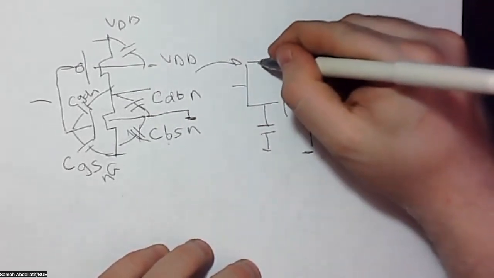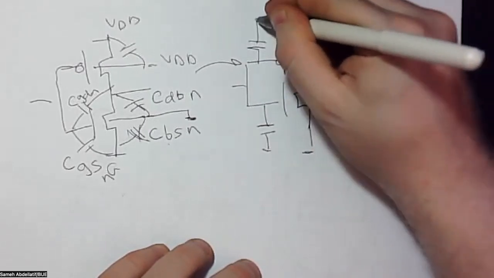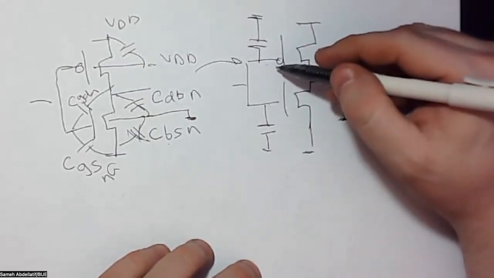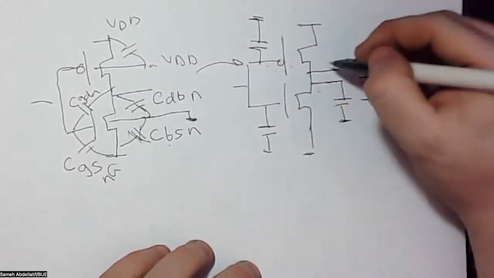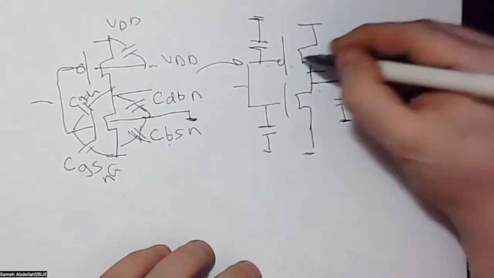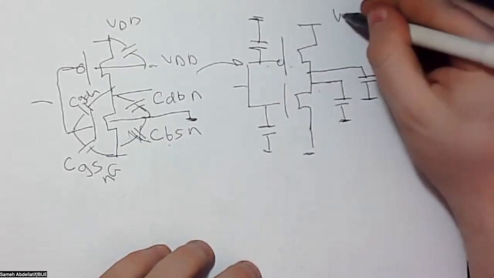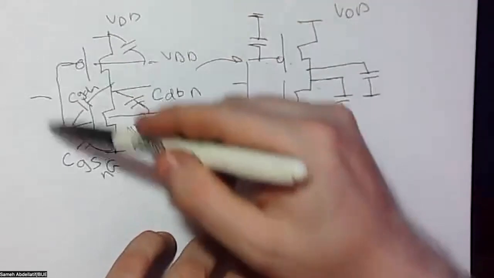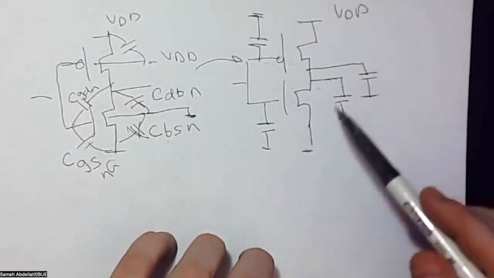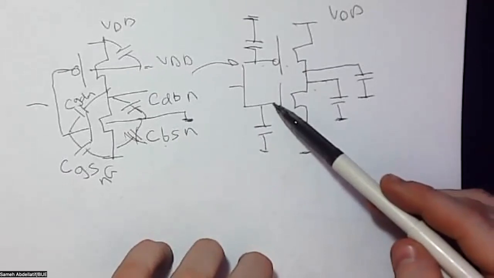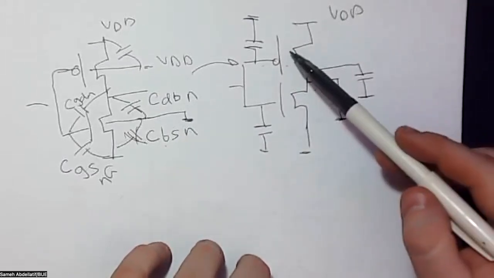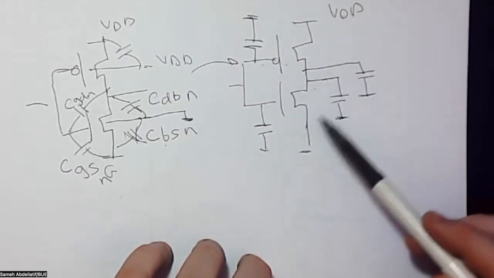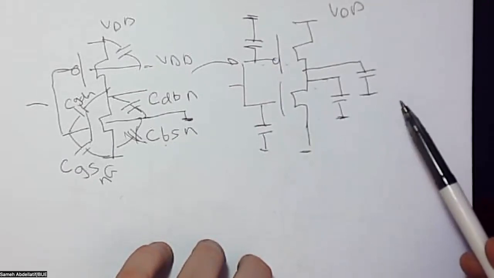And we have another capacitance here, which reflects the capacitance to the P-channel gate. And again, the body and the source here are not of interest because they are connected to VDD. So generally, we can summarize all these eight capacitances into four capacitors: one connected to the gate of the N-channel MOSFET, one connected to the gate of the P-channel MOSFET, one connected to the drain of the N-channel MOSFET, and one connected to the drain of the P-channel MOSFET.